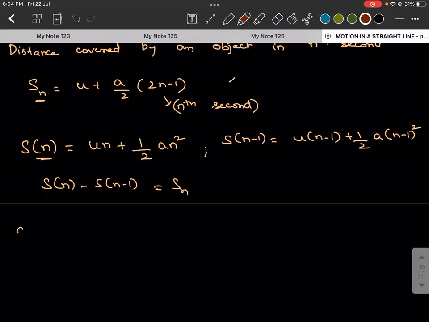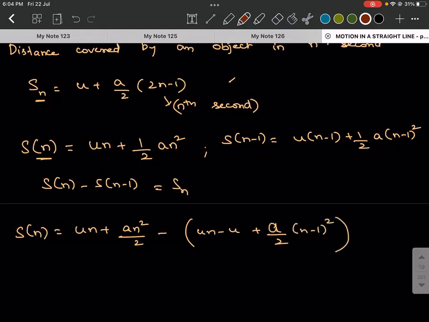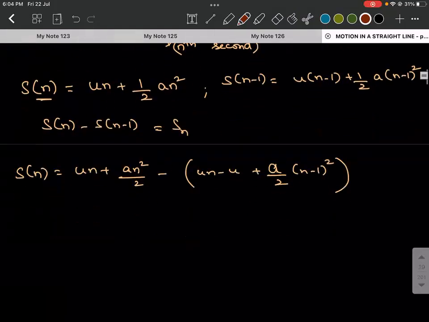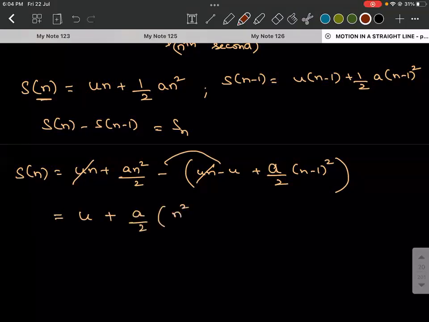So for that, S of n is equal to un plus an square by 2, minus S of n minus 1, which is un minus u plus a by 2 into (n minus 1) the whole square. Now this un and un will get cancelled. So minus of minus u is going to be plus u, plus a divided by 2 into (n square minus (n minus 1) the whole square).